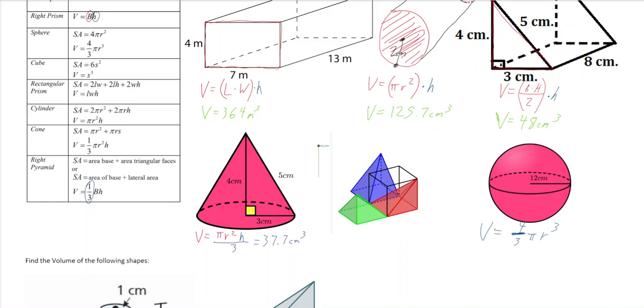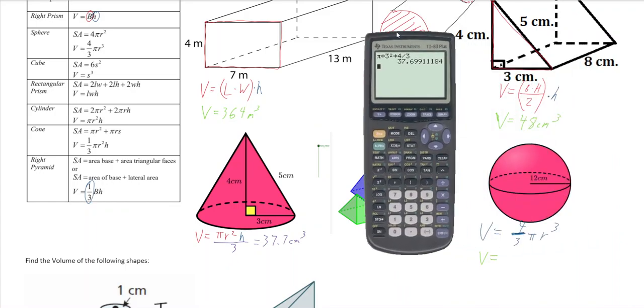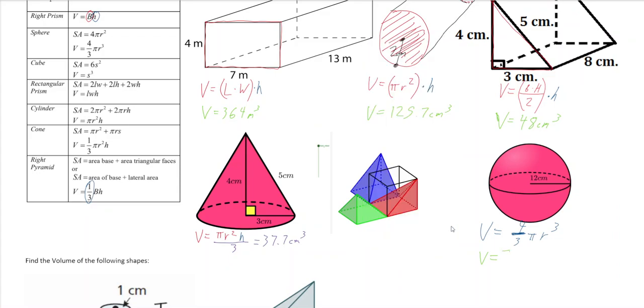Okay, so we finished that one. Actually, let's talk about or find the value for the sphere as well. So 4/3 times pi times r cubed. So 7,238.